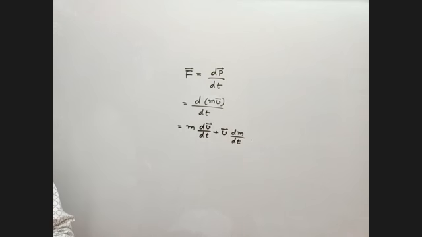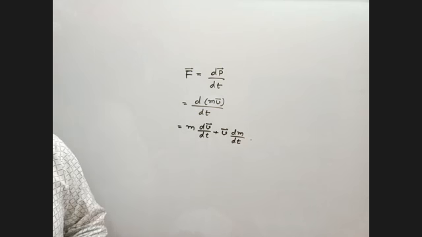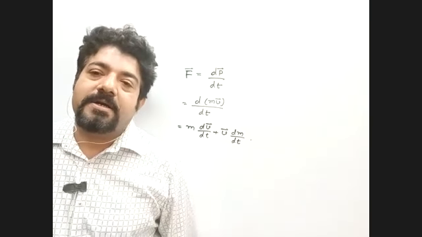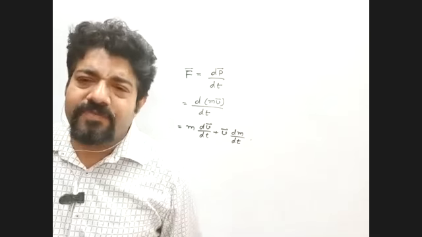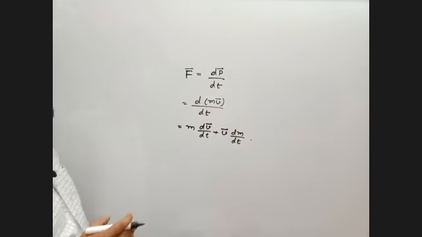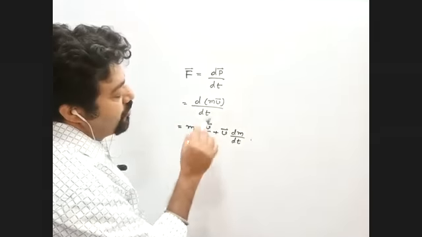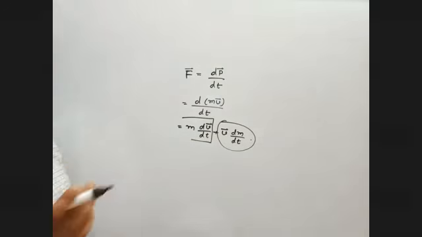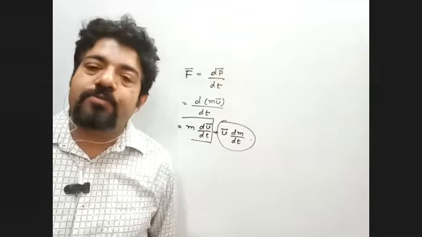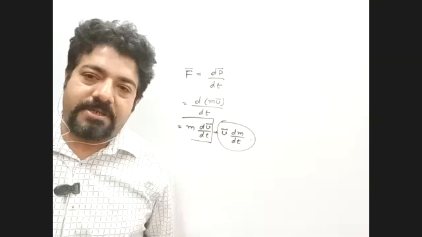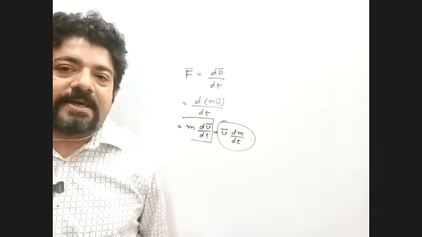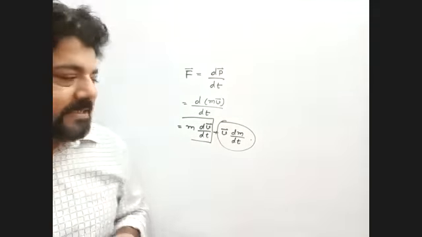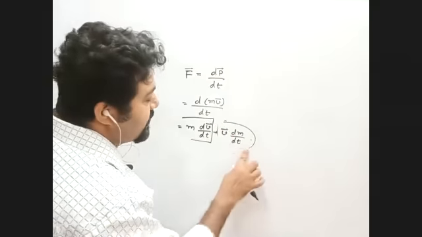But during Newton's time, means early 1600 century or at the end of almost 1500 century, in that time Newton only concentrated up to this, not this part, because in that time we almost supposed that mass is constant, but later on we understood that you can change the mass also with respect to time. I will give you one example later on.